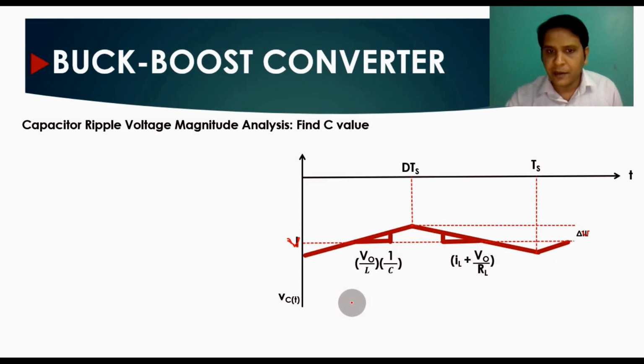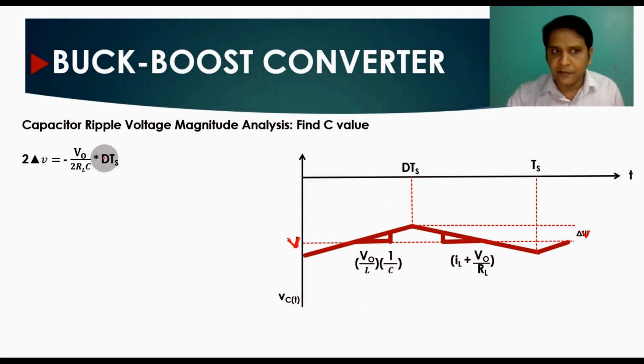So here we have some mistake. This is V, that means pure DC voltage across the capacitor, and this is delta V, that means ripple voltage across the capacitor. And if you find the area under the curve, it is given by 2 delta V equals minus V naught divided by 2 RLC into D prime time Ts.